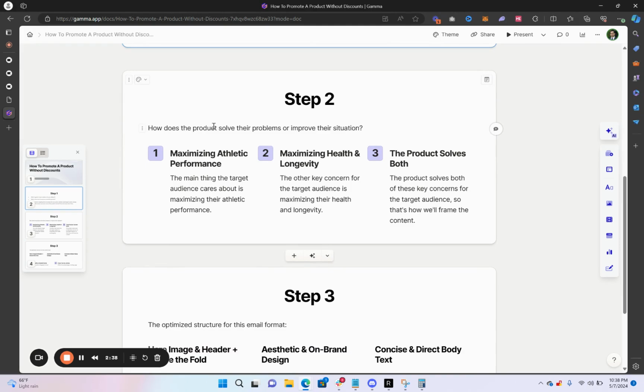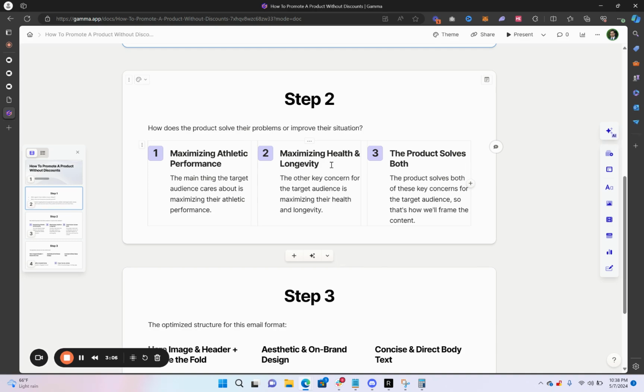Step two is how does the product solve their problems or improve their situation? The main two things that this segment of their audience actually cares about: number one, maximizing athletic performance. Number two is maximizing health and longevity. It's not just about maximizing athletic performance while sacrificing your health. Otherwise, you'd do steroids.